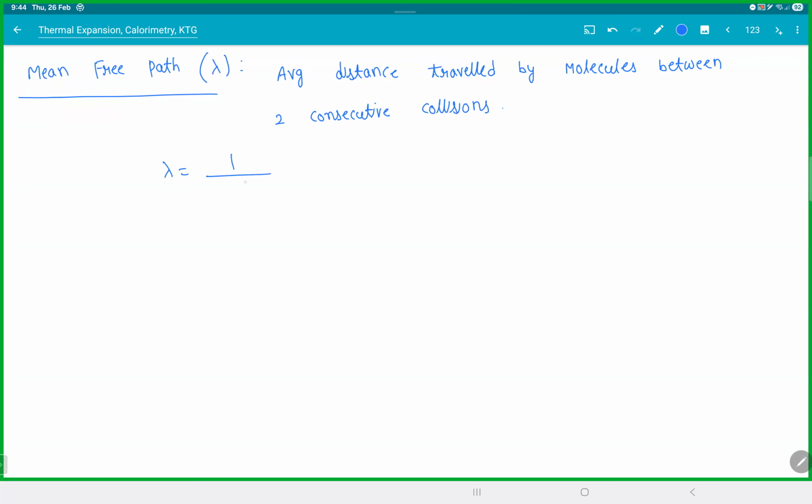So lambda is given by 1 by root 2 pi sigma square NV. Sigma is your molecular diameter. This NV is simply number of molecules by volume. This is also called number density. You should remember the formula.